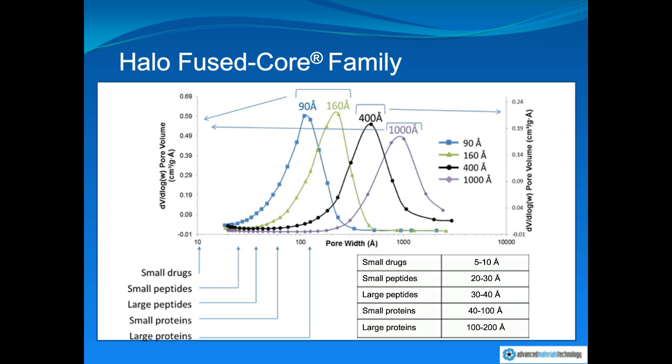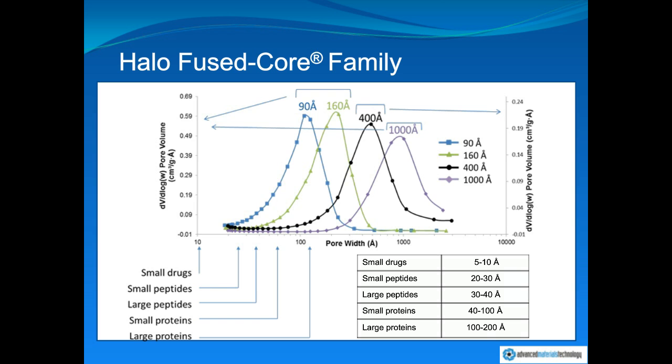And at the top of the panel, you'll see a description of the pore sizes, the center of those pore size distributions, with pore width on the bottom axis of that graph, and on the verticals, two different scales of what's essentially the pore volume available to molecules.